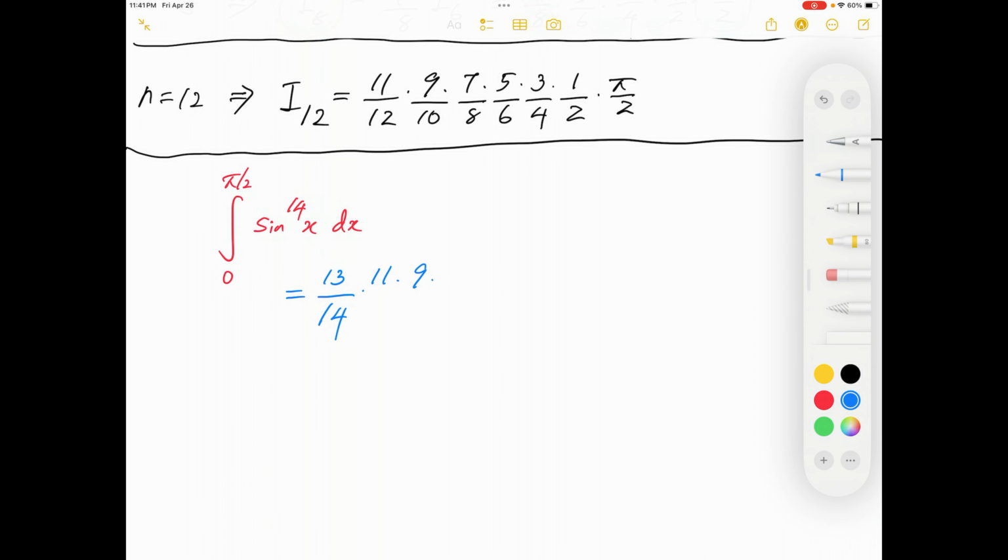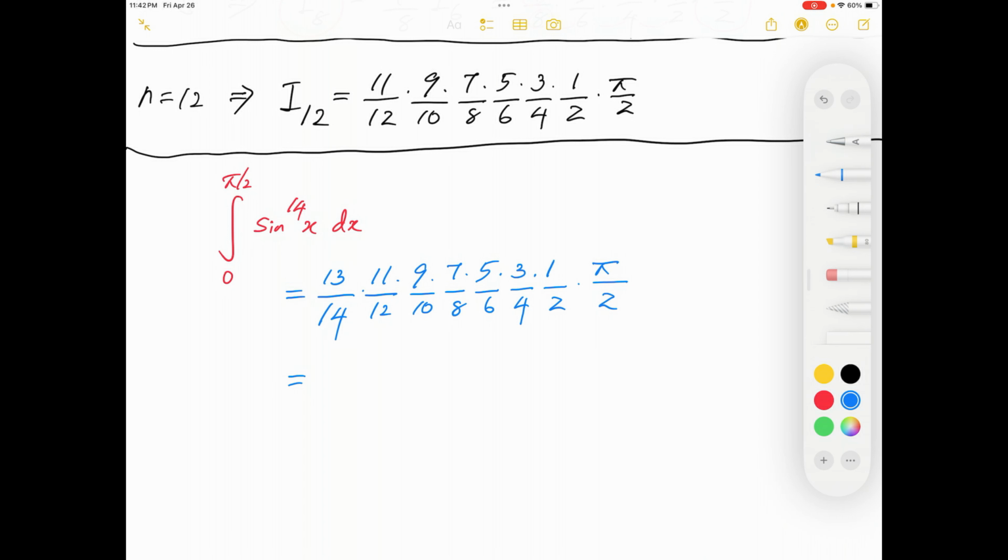For the rest of the numerator, it will be 13 minus 2 equals 11, 11 minus 2 equals 9, 9 minus 2 equals 7, 7 minus 2 equals 5, 5 minus 2 equals 3, 3 minus 2 equals 1. For the denominator, we have 14 minus 2 equals 12, 12 minus 2 equals 10, 10 minus 2 equals 8, 8 minus 2 equals 6, 6 minus 2 equals 4, 4 minus 2 equals 2. And finally, all of these should be multiplied by pi over 2.